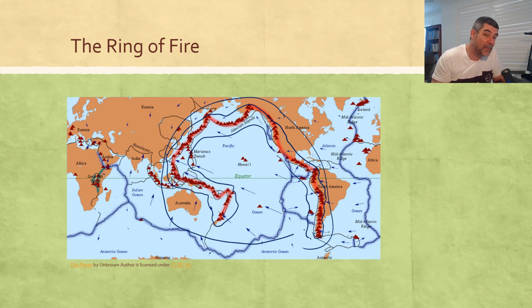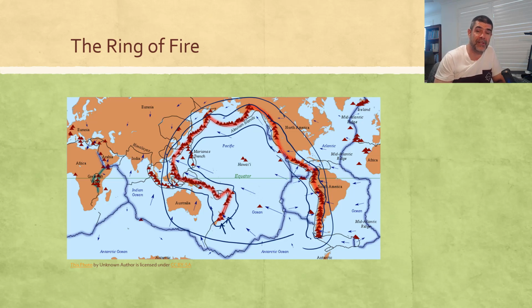Now Australia isn't part of the Ring of Fire, but it's very close to a couple of countries that are. And you can see you can almost have lost New Zealand on this map because it's sitting right in the centre of where that Ring of Fire is.